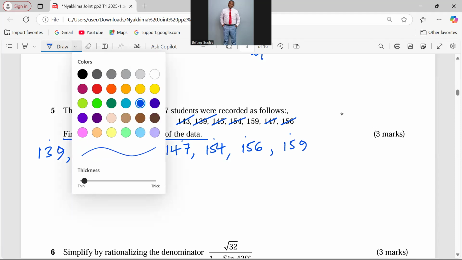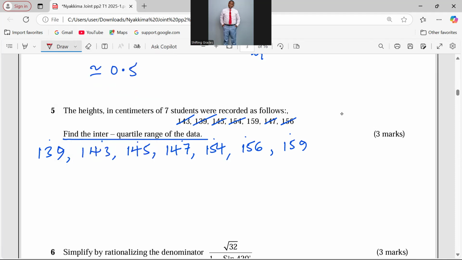Now with these values, the first thing we are supposed to identify is the median. So the median height, that is the height at the center, is going to be 147. When the data has been arranged in ascending order, the value at the middle is called the median, which is otherwise called the Q2.